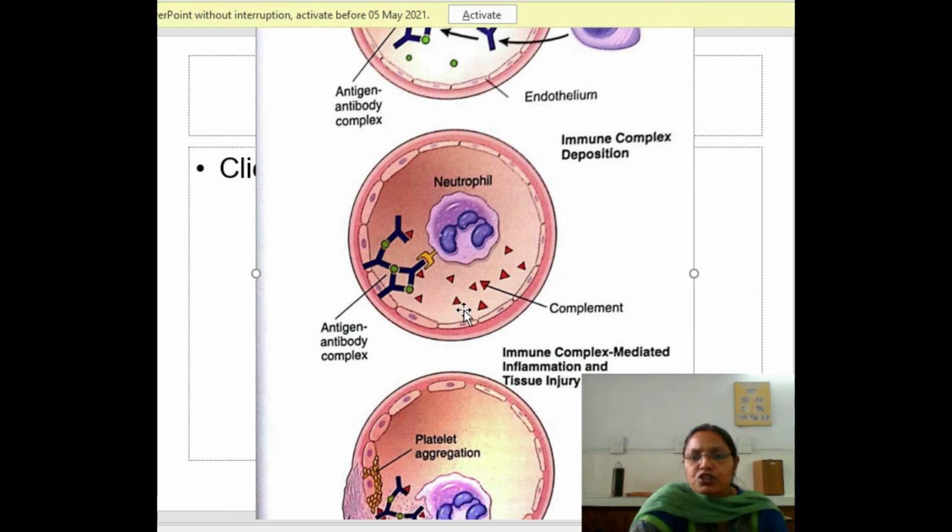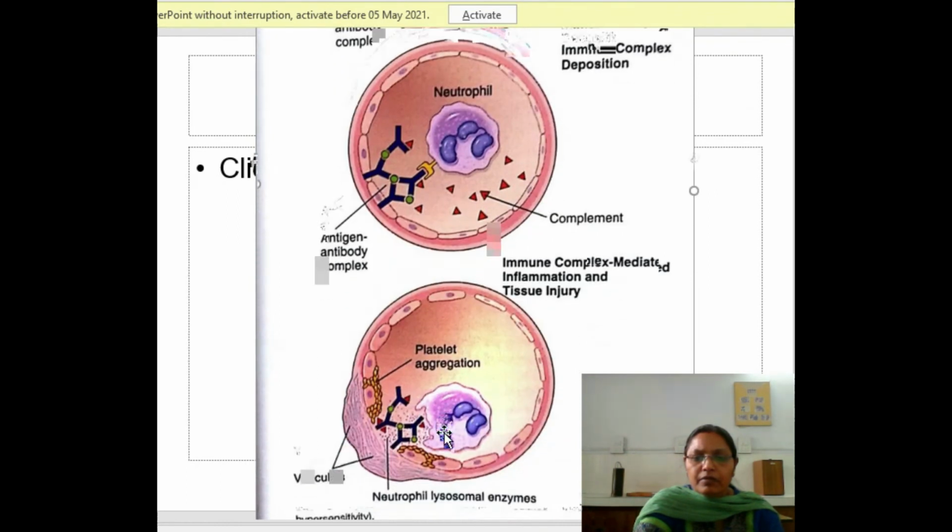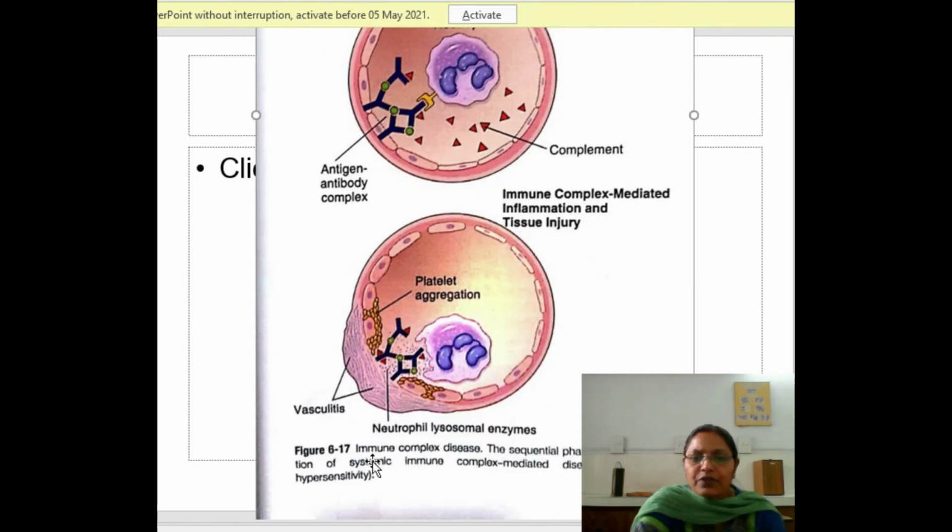So there is deposition of the complexes like this. After these antigen antibody complexes, there is neutrophil lysosomal enzyme release, and it will cause vasculitis.